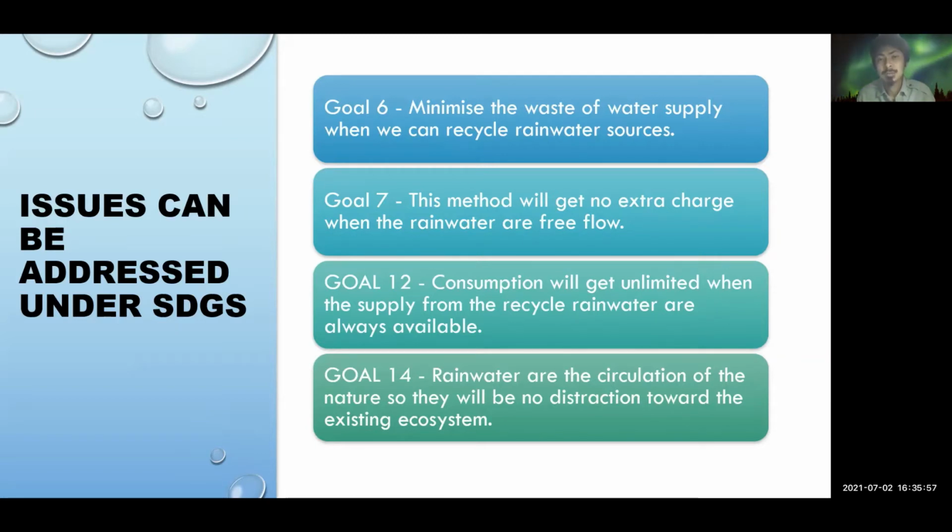The third item is consumption. We get unlimited supply when the recycled rainwater is always available.